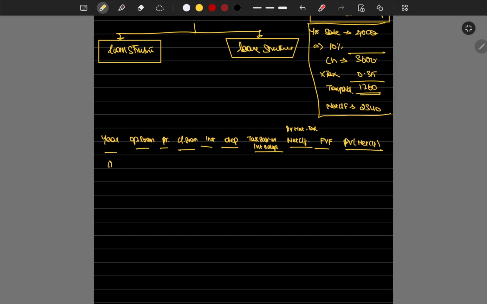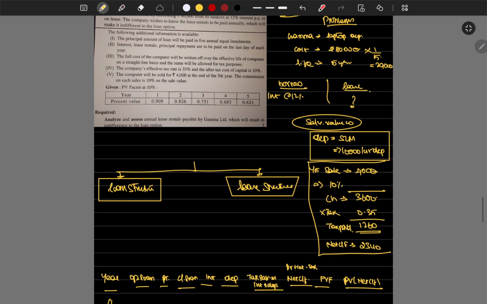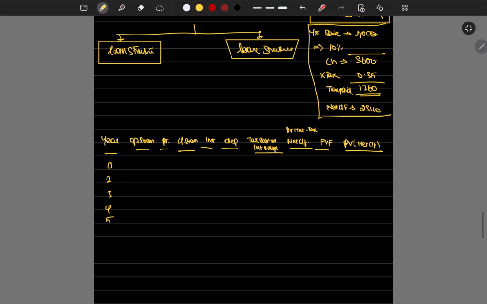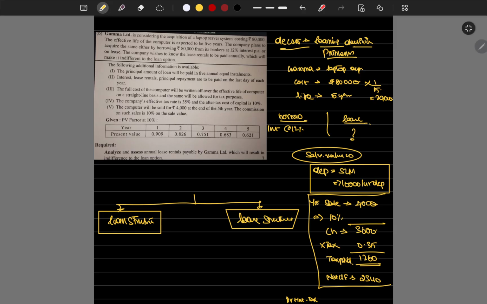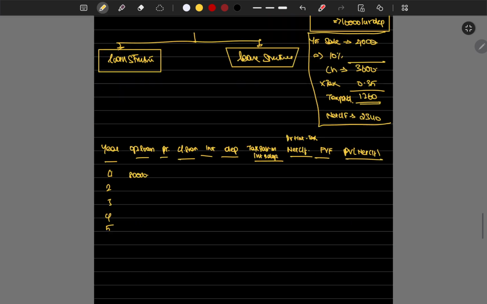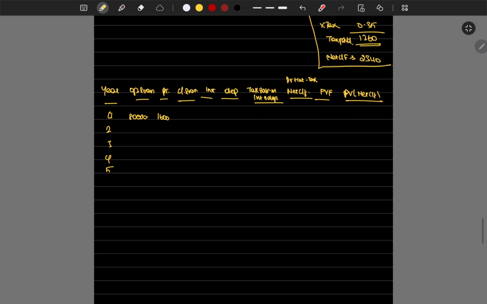Year 1, 2, 3, 4, 5. The machine life is 5 years. Opening loan is 80,000. Principal we are paying every year, in 5 installments. So 80,000 divided by 5 is 16,000. Principal is standard, we are paying 16,000 every year.